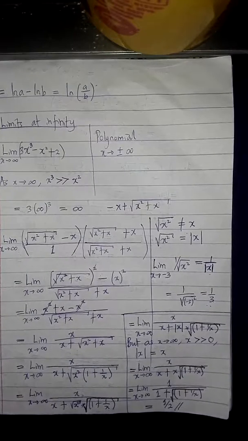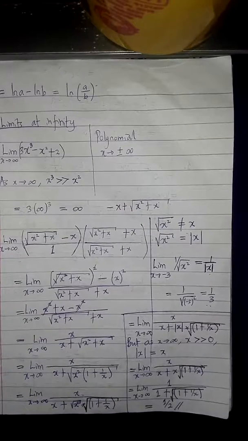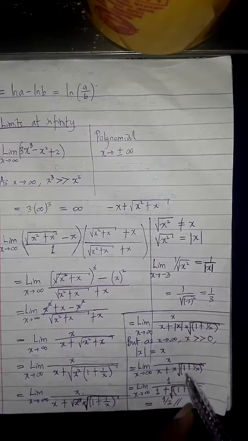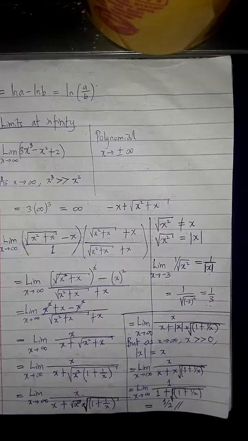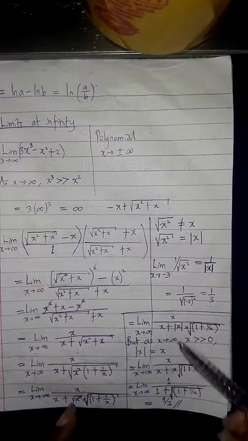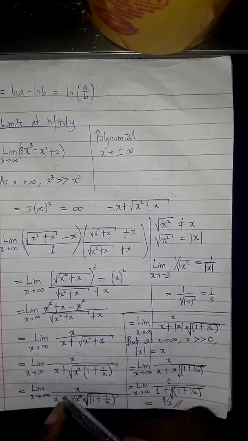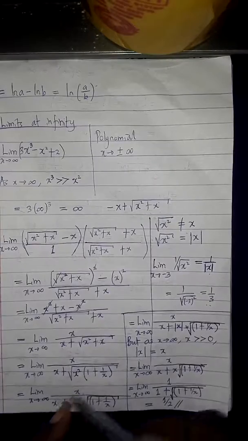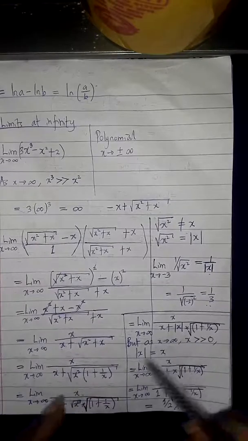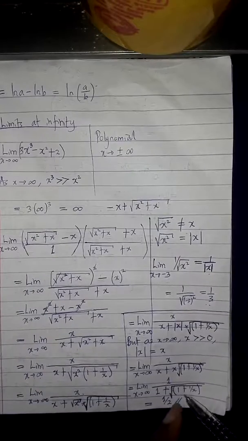If you already interpreted this to be x, you are certainly going to get a wrong result, because as x approaches minus infinity, x is far less than 0, and the square root of x squared is not going to be x, but minus x.